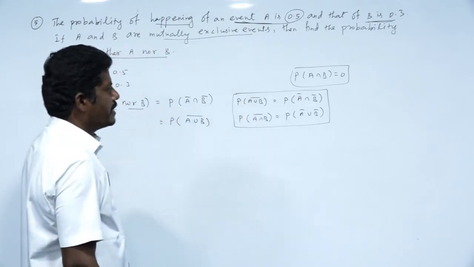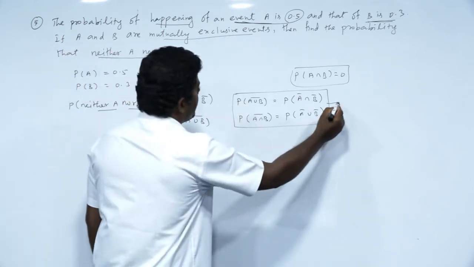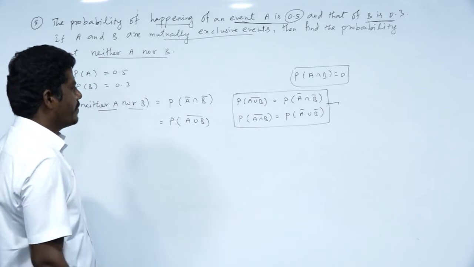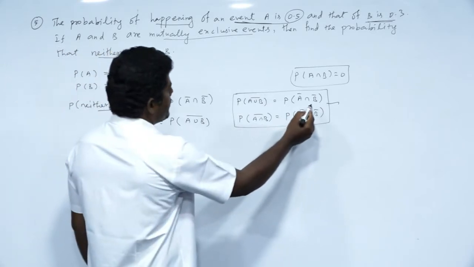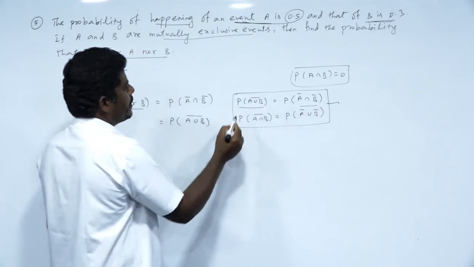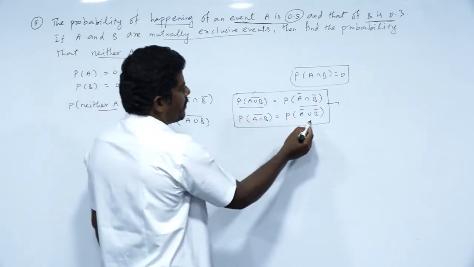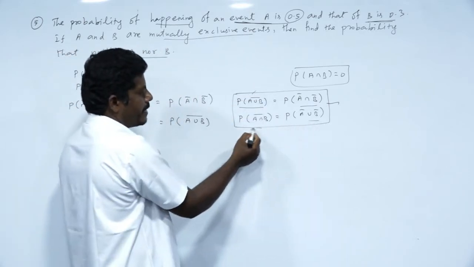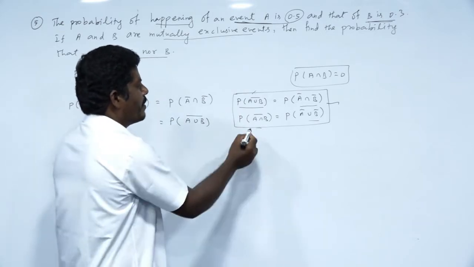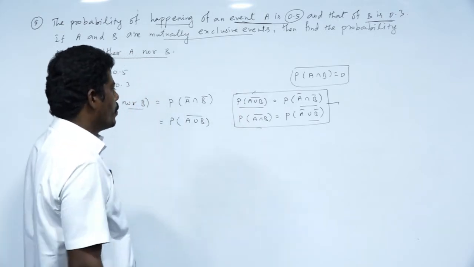Using De Morgan's theorem, we can write like that, my dear students. Probability of A bar intersection B bar is the probability of A union B the whole bar, and probability of A bar union B bar we can write as probability of A intersection B the whole bar.